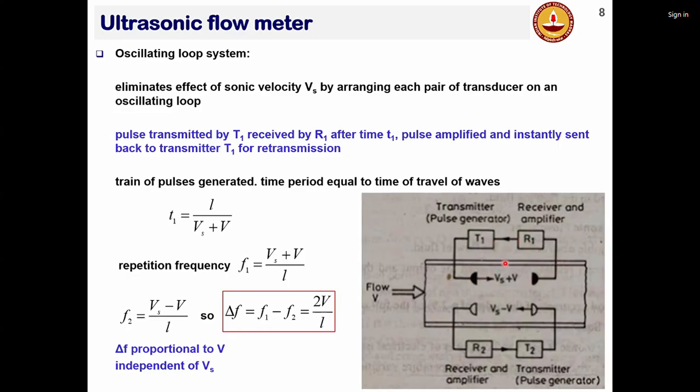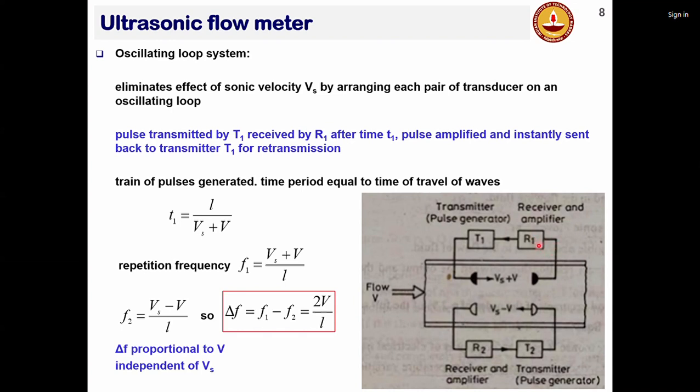So if you know the travel time, the repetition frequency, that means the frequency of the receipt of this pulse signal here, or the pulse transmitted signal here, is basically the inverse of this time. For example, if it takes 5 seconds for the signal to go from here to here, that means you are receiving a signal after every 5 seconds.